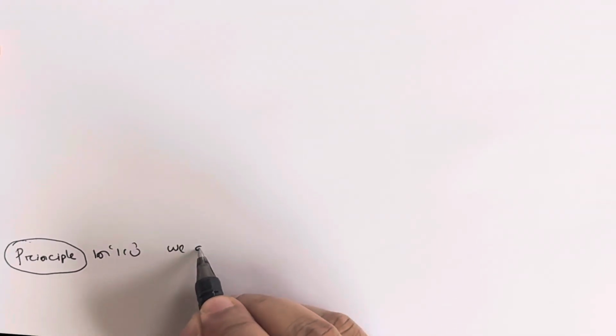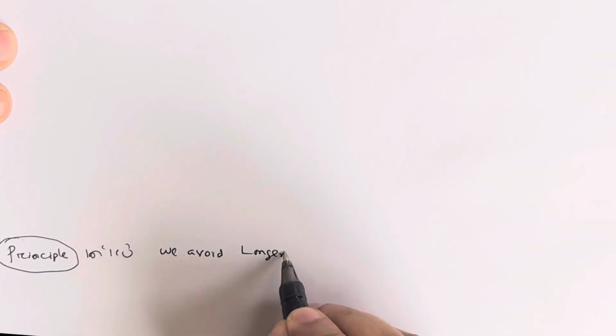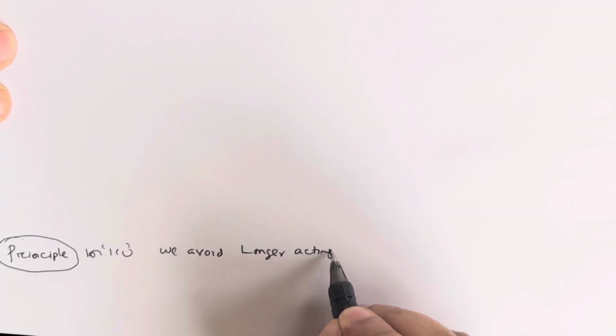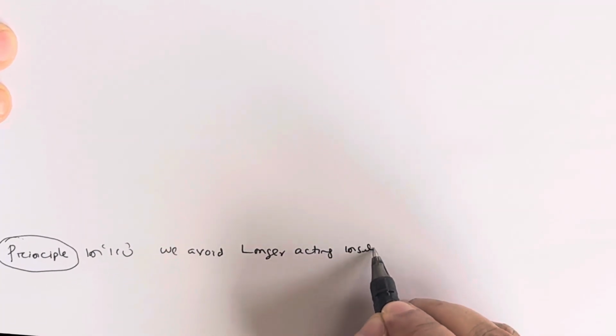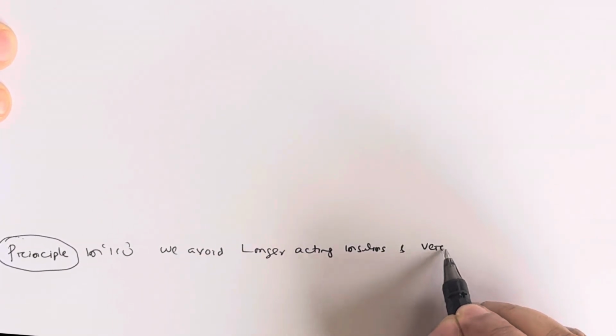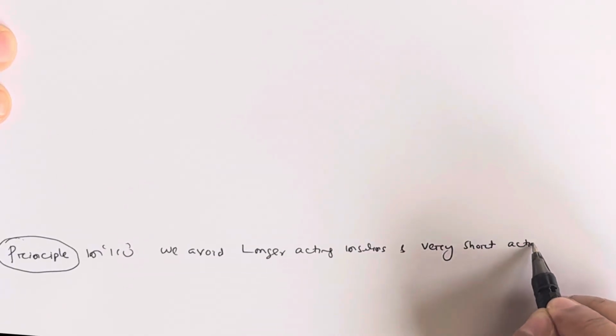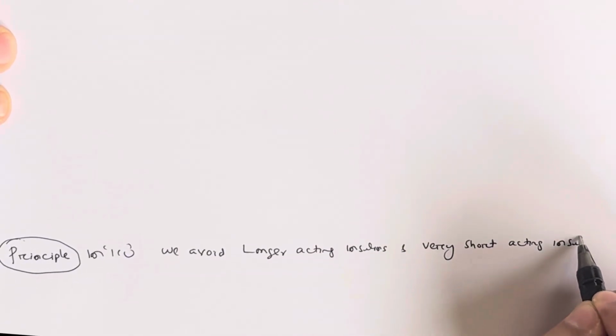That is, in ICU we avoid longer acting insulins, at the same time very short acting insulin. Why?